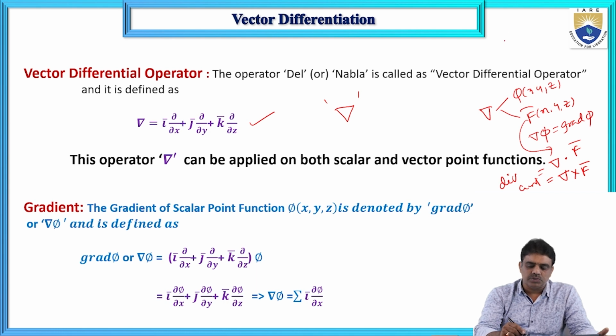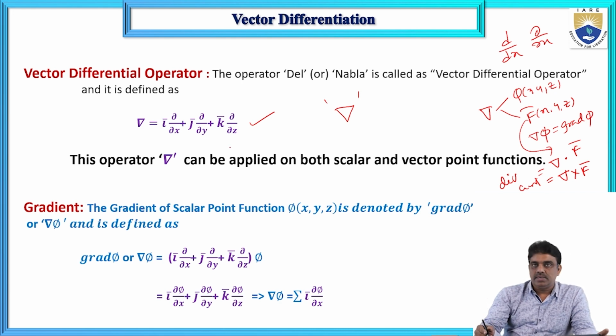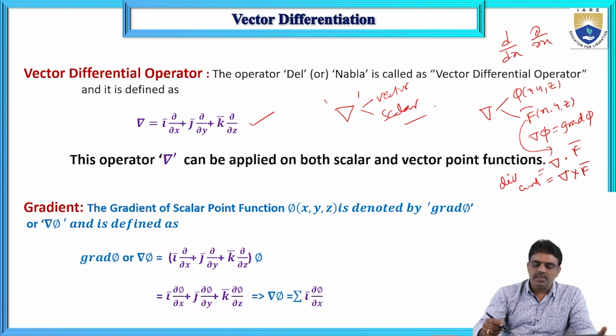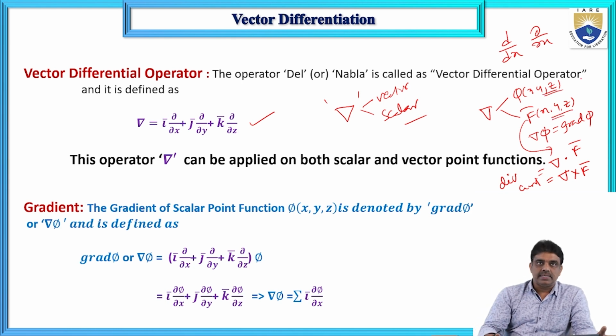In scalar functions, we use the differential operator d by dx or dou by dou x, but in vectors, we use the del operator, defined as i bar dou by dou x plus j bar dou by dou y plus k bar dou by dou z. Del can be applied on both vector and scalar point functions. A scalar function means only the surfaces phi of x, y, z.